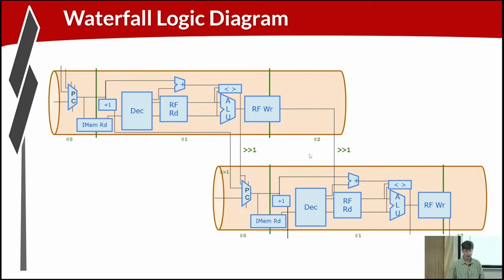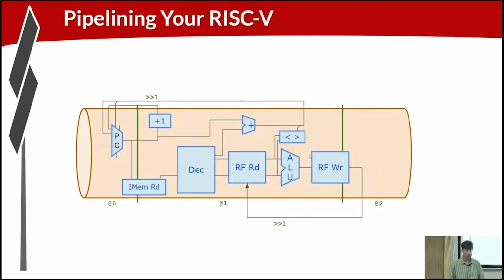So it's just a different way to look at the same information. To pipeline this, we want to introduce more stages, so more stage boundaries. So the first thing is just to reassign the pipe stage for our logic.